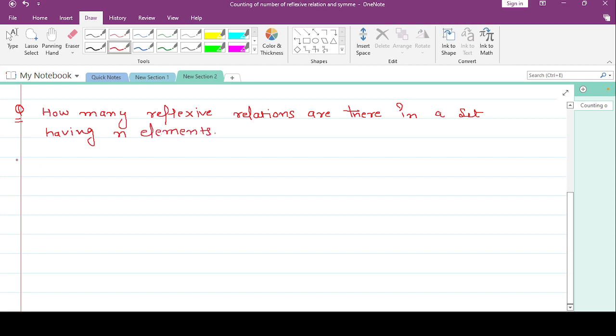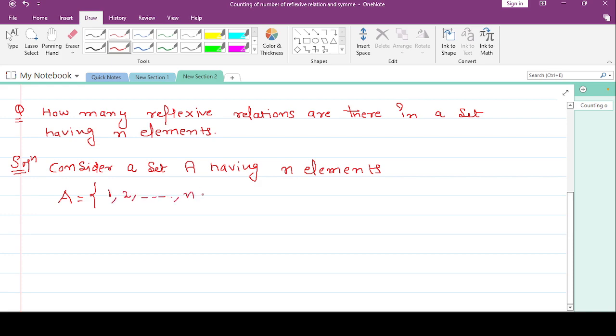Okay, so solution: consider a set A having n elements. Suppose that we have this set A in which we have n elements.